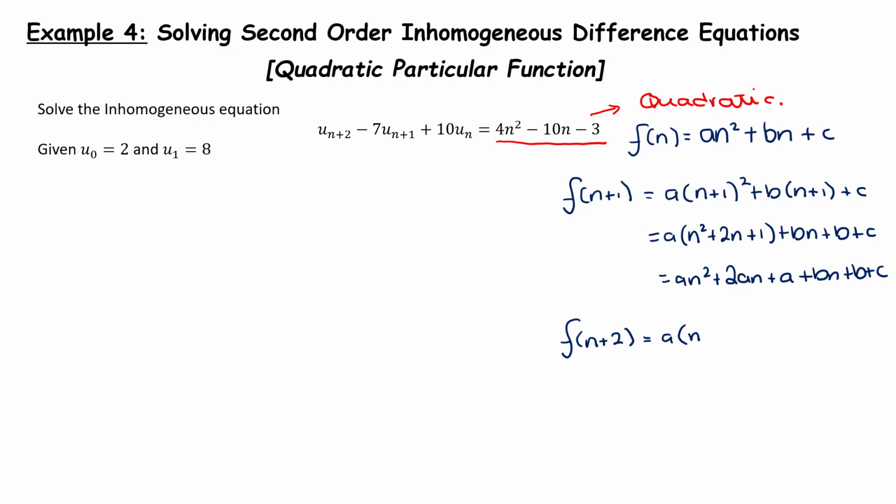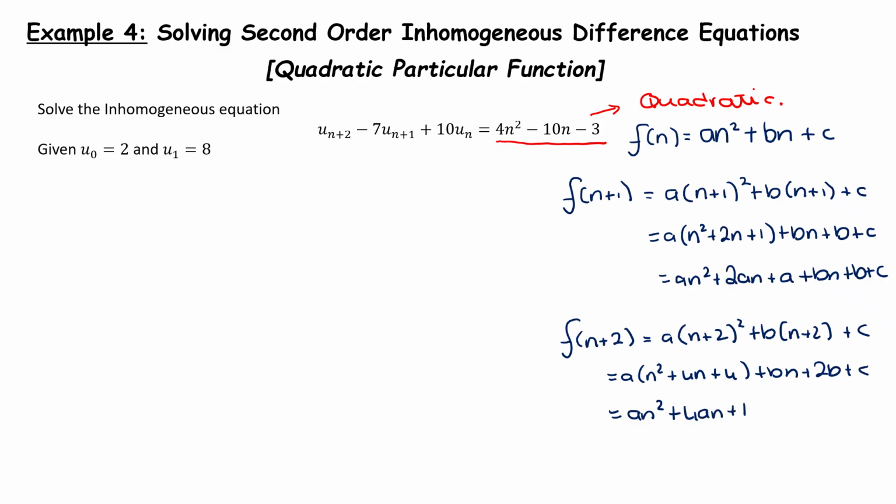Okay, so let's do our f of n plus 2 now. So that's a(n plus 2) squared plus b(n plus 2) plus c. So that is a(n squared plus 4n plus 4) plus bn plus 2b plus c, which is an squared plus 4an plus 4a plus bn plus 2b plus c.